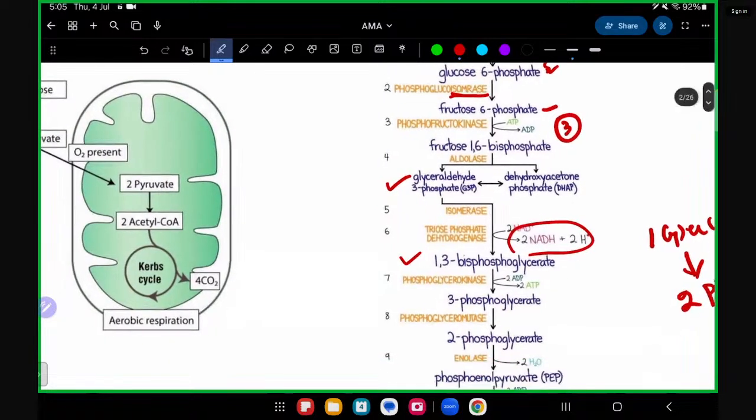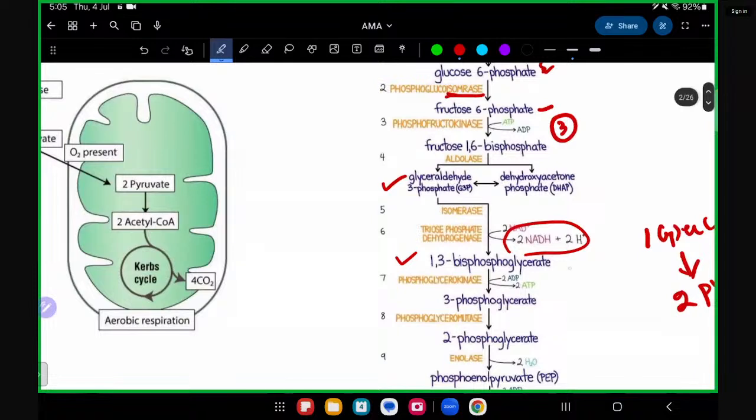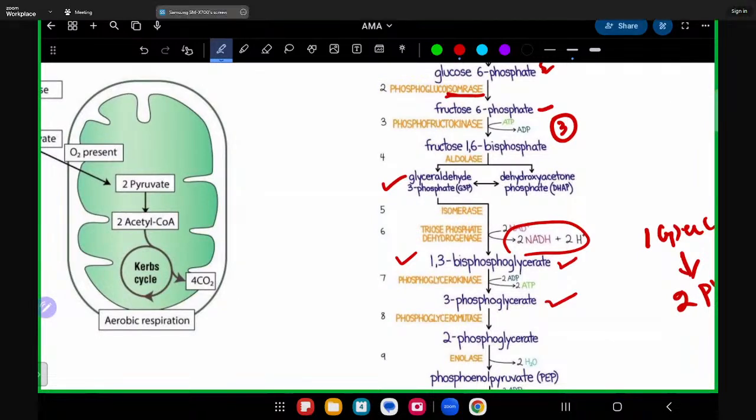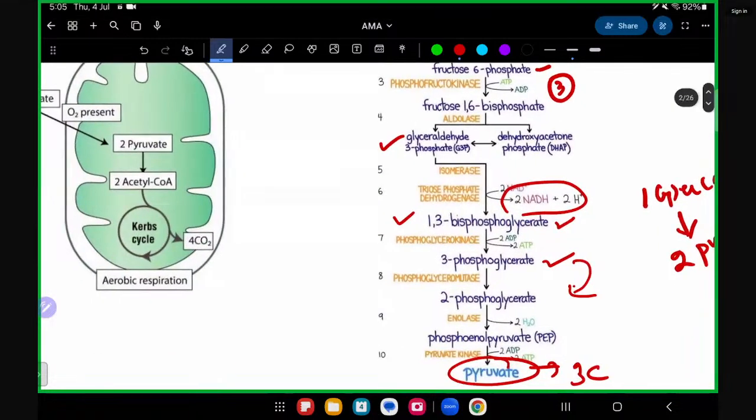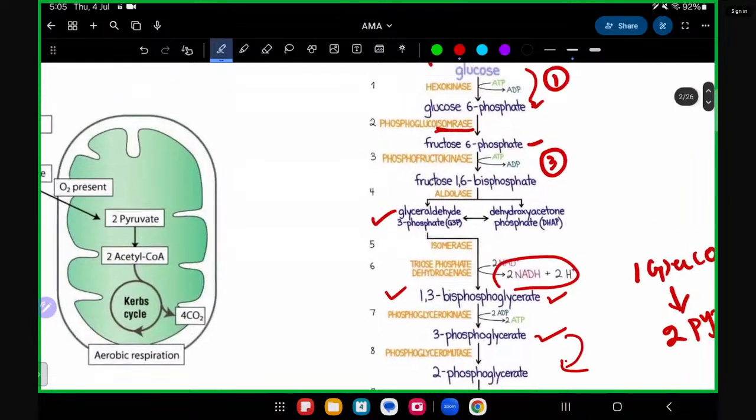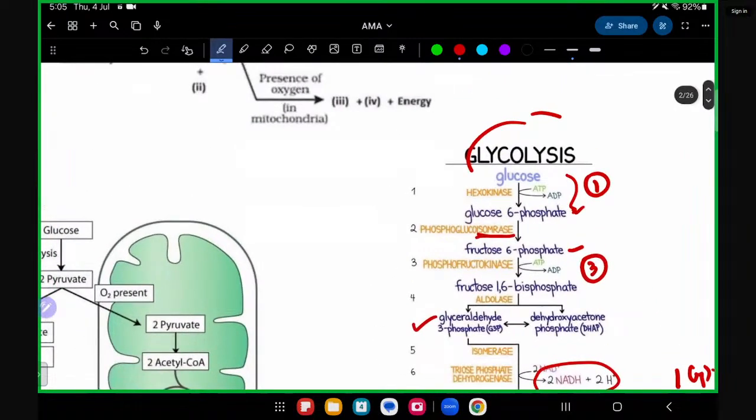Then 1,3-bisphosphoglycerate is converted to 3-phosphoglycerate, then to 2-phosphoglycerate, and then to phosphoenol pyruvate. The last step is phosphoenol pyruvate converting into a pyruvate molecule, right? It is the common pathway between aerobic and anaerobic respiration.